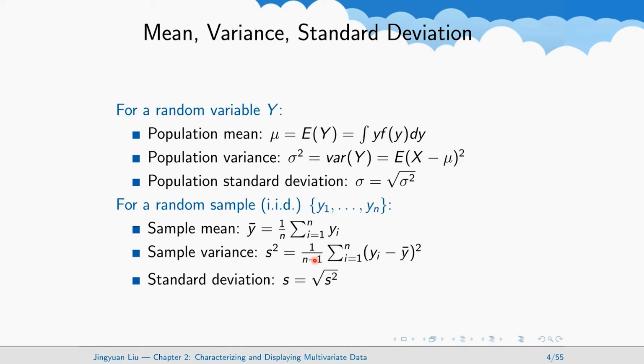The reason is you just use 1 degree of freedom to estimate the population mean using Y bar, the sample mean here. Okay, so remember that this one is the so-called unbiased estimator of the population variance, instead of when we use MLE where you have n instead of n-1 here.